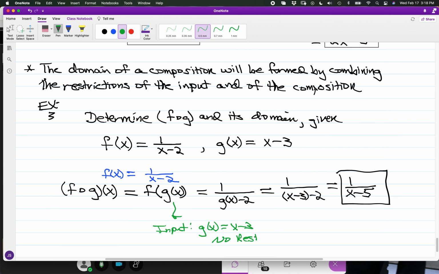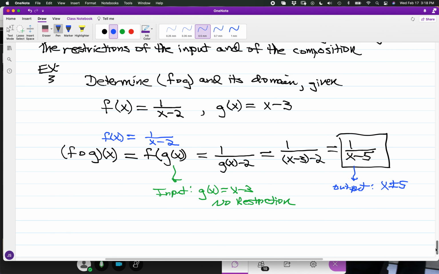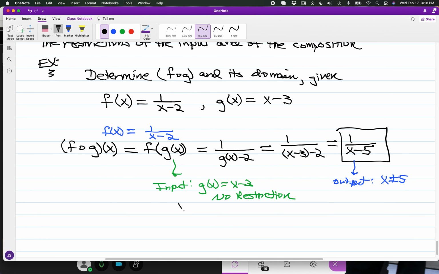But once I apply it to the setup in the composition, for the output, the composition itself, x minus 5 cannot be 0, so x cannot be equal to 5. So between combining the restrictions of the input and the output, the only restriction is going to come from the output, where x cannot be equal to 5.